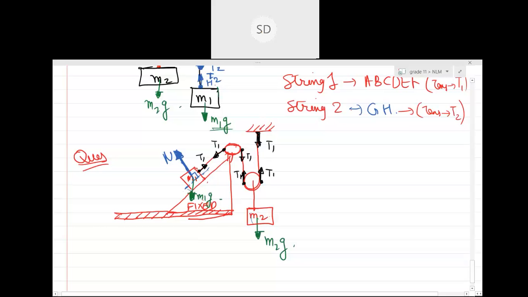For this point, this is the support. Now, what about these two points? This is another string connected to the center of this pulley. When you draw the tension, this will be T2, and similarly this one. So these are the forces acting on the block.